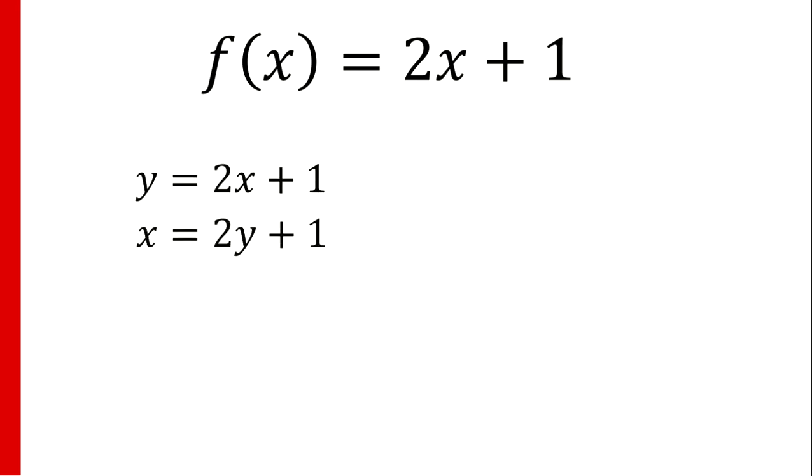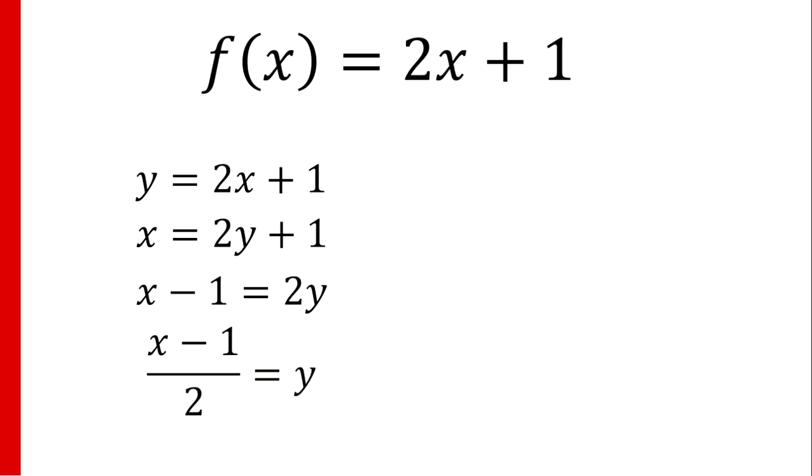And then add both sides by negative 1, addition property of equality. So that's x minus 1 is equal to 2y. Divide both sides by 2, so that's x minus 1 over 2. For step 3, let's replace y by f inverse of x. As you can see, we have our answer. The inverse of the function 2x plus 1 is equal to x minus 1 all over 2.